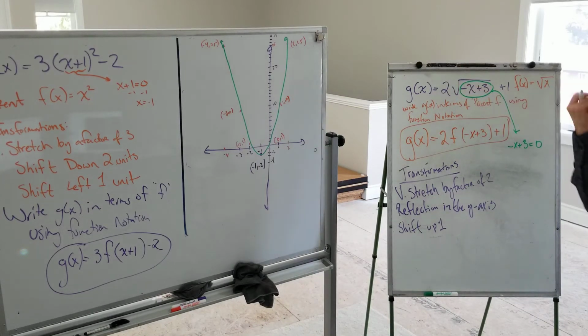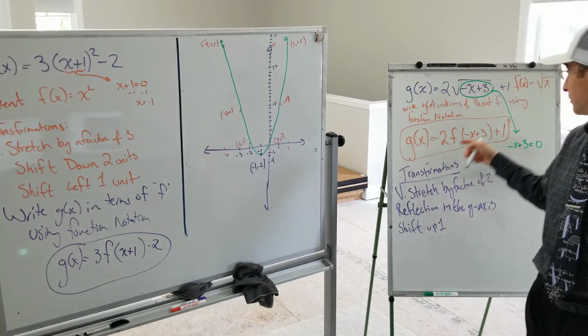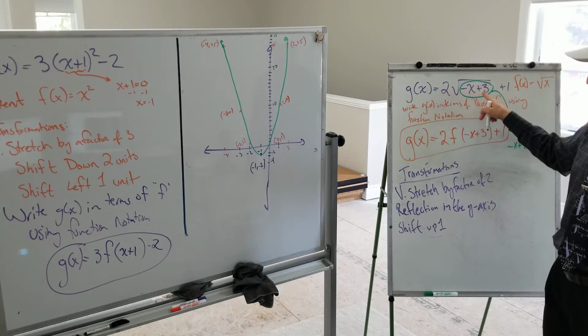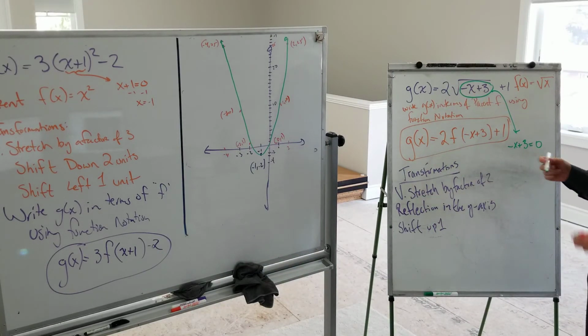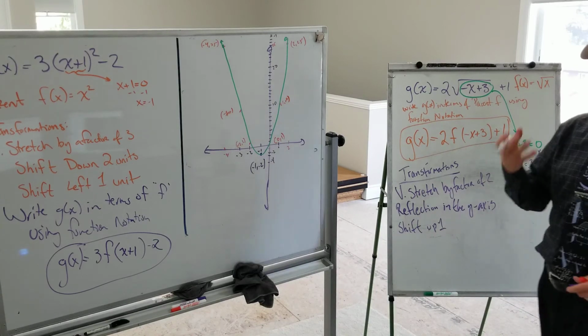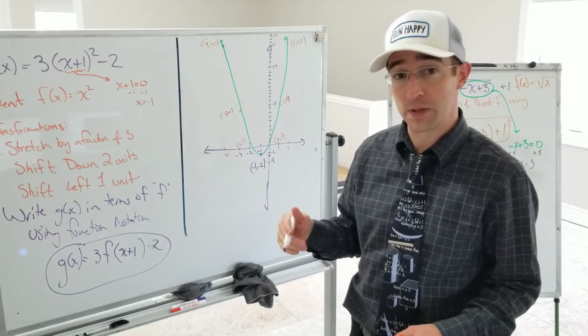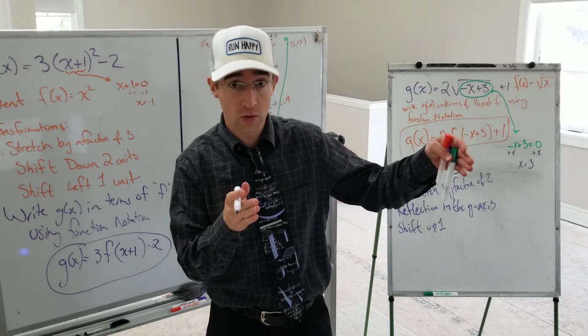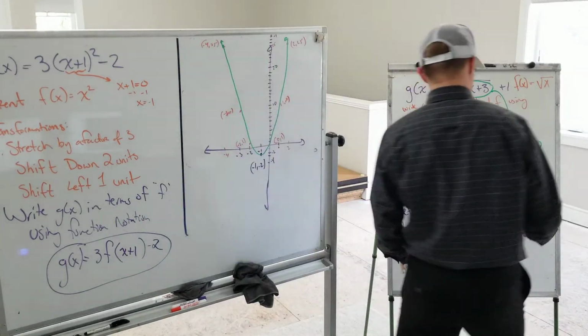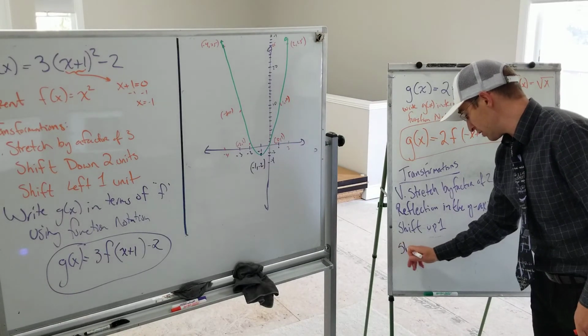Square root always starts at 0, 0. So we say negative x plus 3 equals 0. To solve this, I'm just going to add x to each side. And the starting point is x equals 3. So instead of starting at x equals 0, we started at x equals 3, which means we moved to the right 3 units.